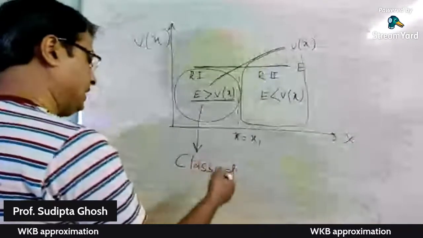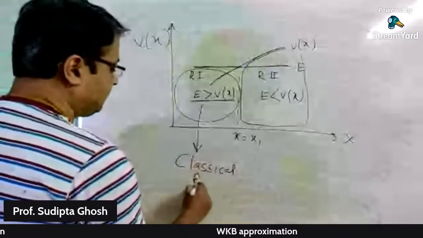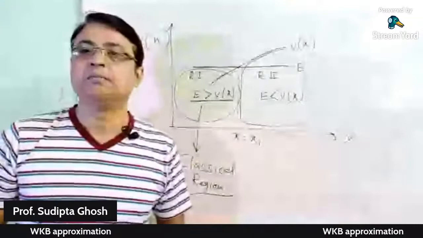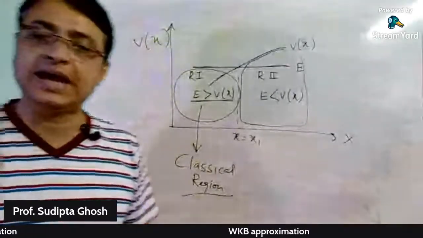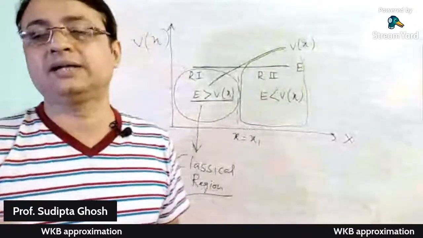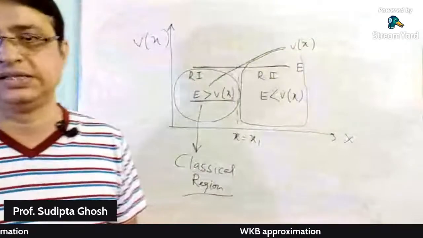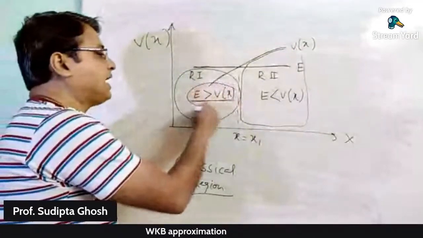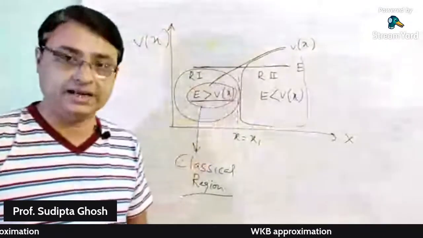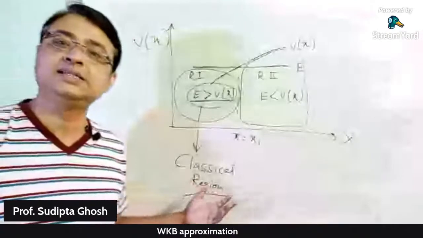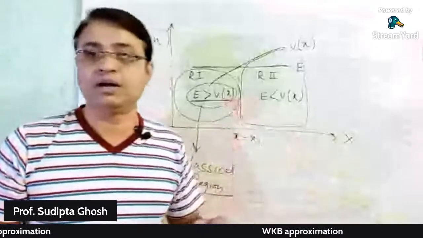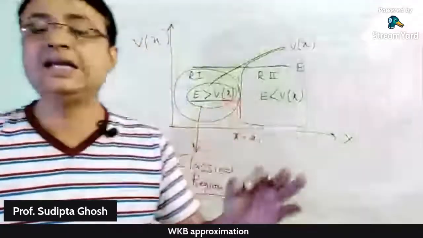we can term it as the classical region, because in classical mechanics particles only move in the region in which the particle's energy is greater than the potential energy of the region. So here, as the energy E of the particle is greater than the potential energy of the region, this region is termed the classical region. Now the second case of our derivation is when E is less than V(x).